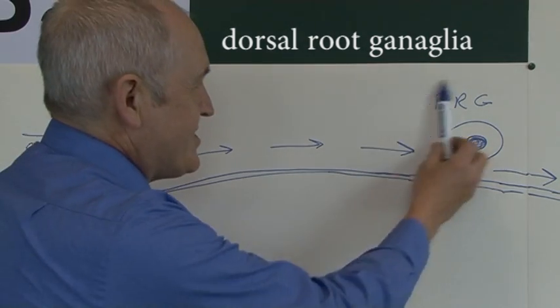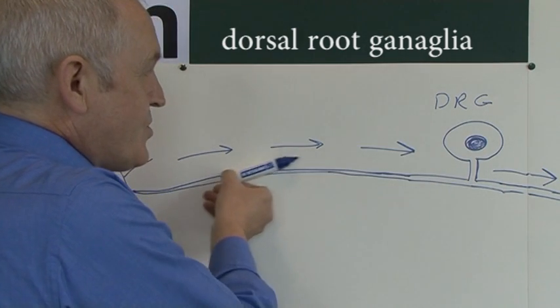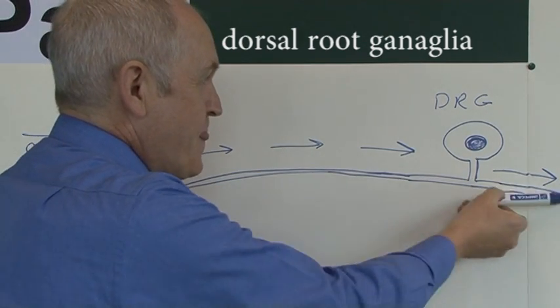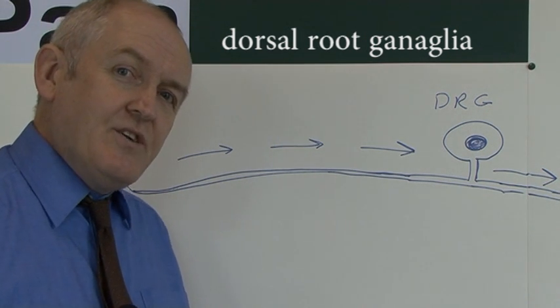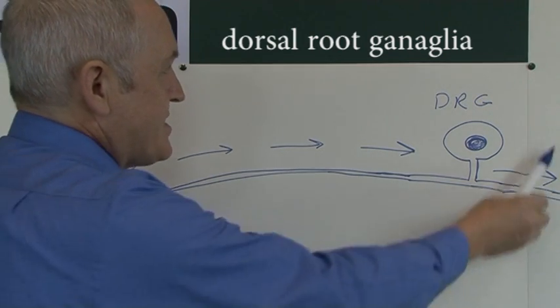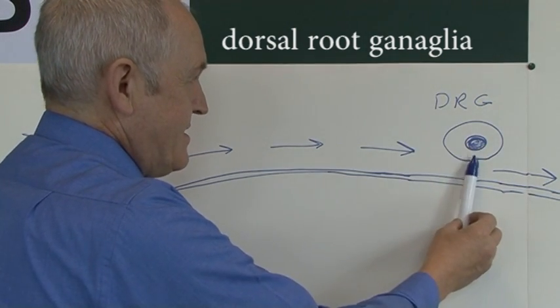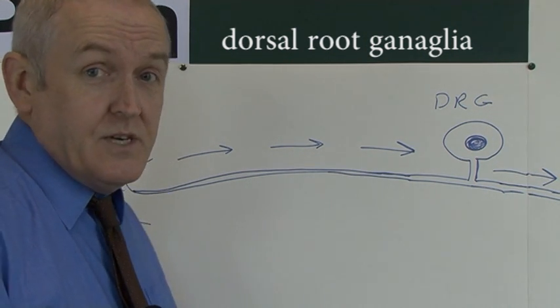And because it's the back, it's the dorsal surface. So this is the dorsal root, the back way in. And a ganglia actually means a collection of nerve cell bodies. So there'll be many of these nerve cell bodies together at the level of any one of the spinal nerves.